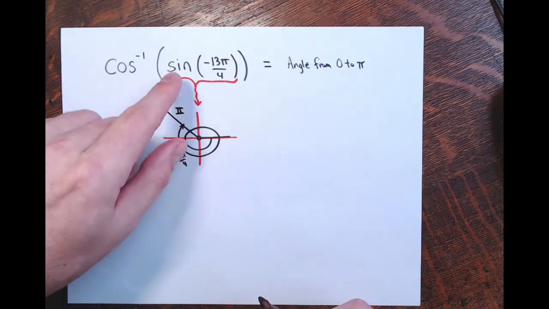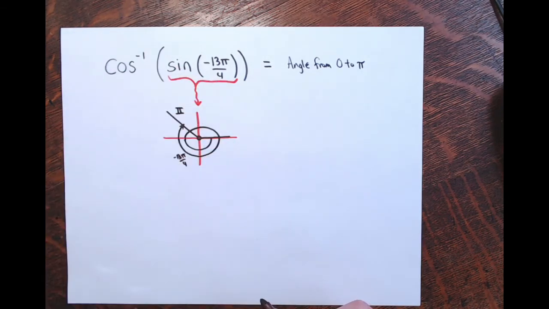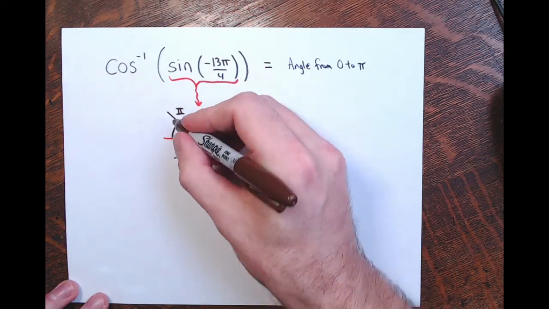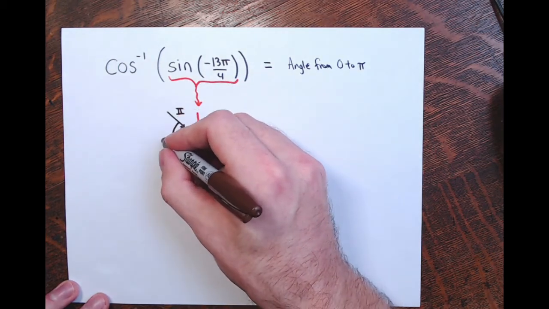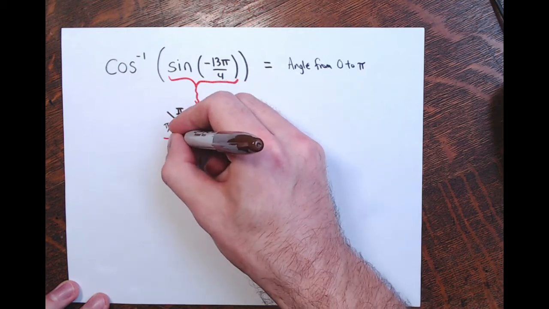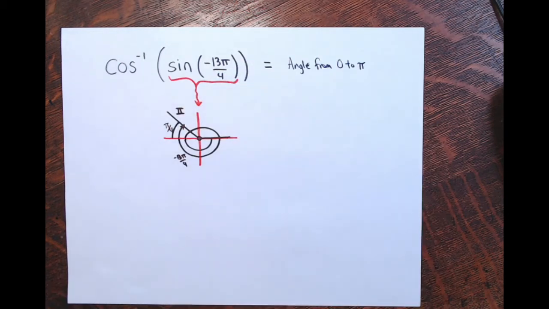Okay, so the sine of this angle will be positive. Remember, sine is related to y coordinates, and if you're in quadrant 2, sine will be positive because y coordinates are positive there. And what would be the reference angle? The reference angle, this angle here between the terminal side and the x-axis, is just pi over 4, because I went negative 12 pi over 4 and then another pi over 4.